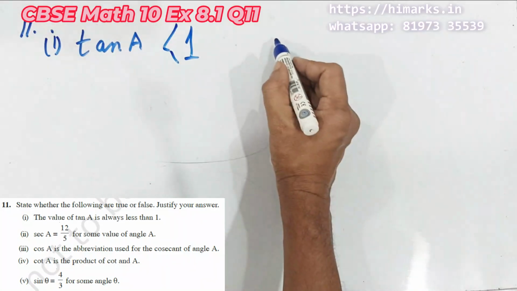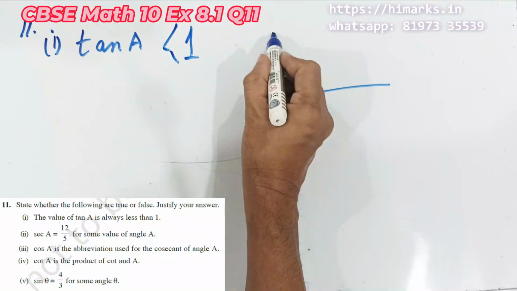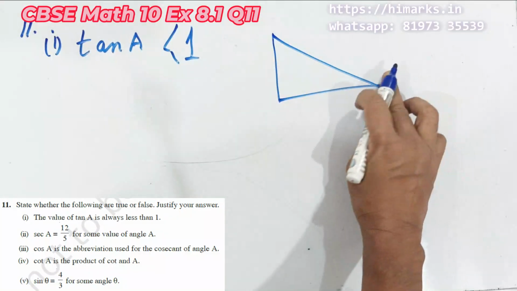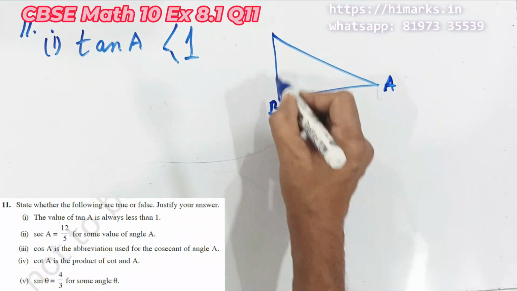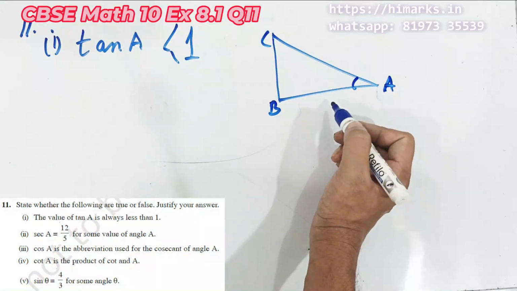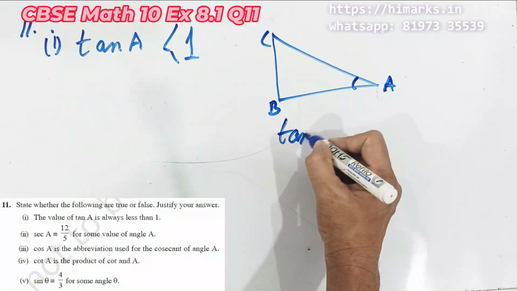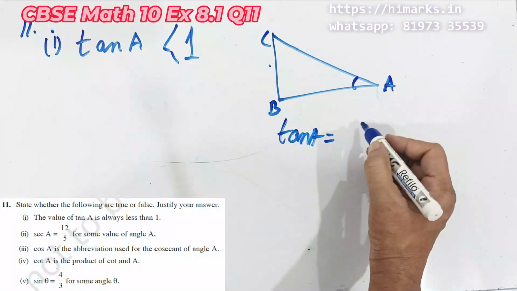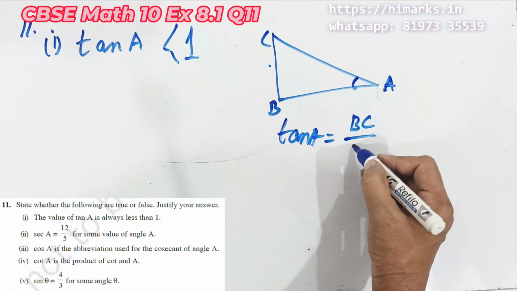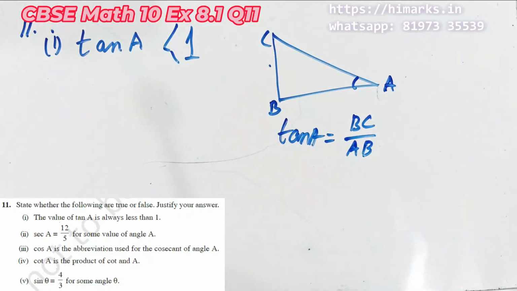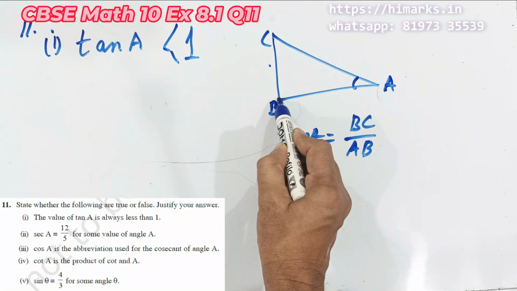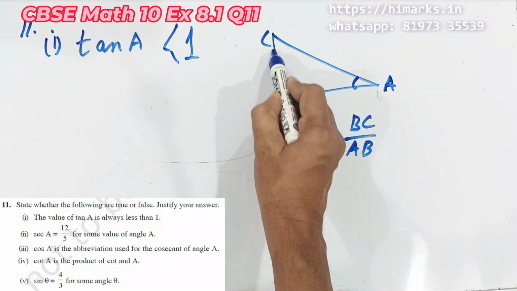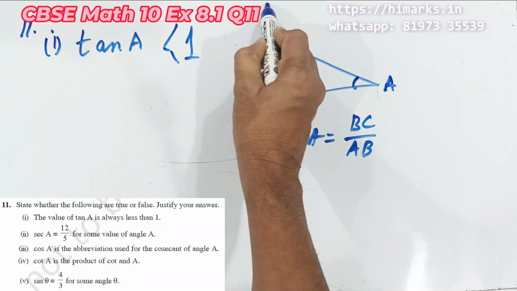To understand that, we have to draw a right angle triangle with vertices A, B and C. So what is tan A? Here tan A is height BC by AB. BC could also be very big, for example this is bigger.